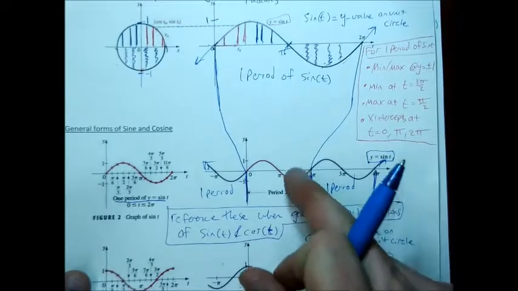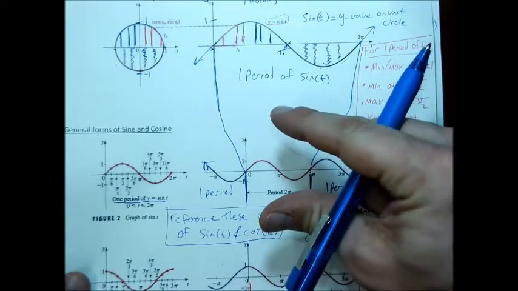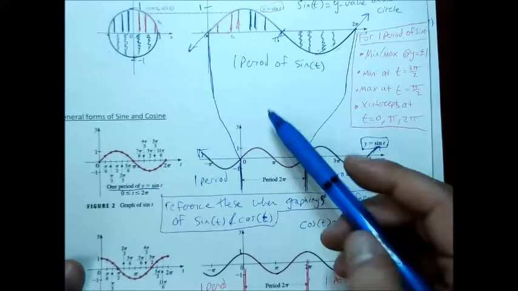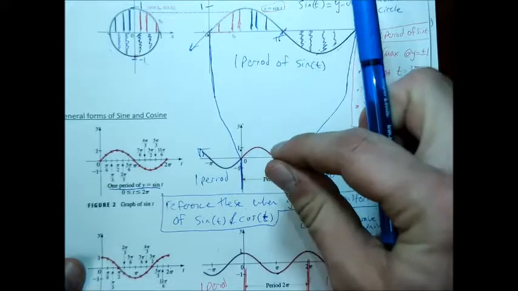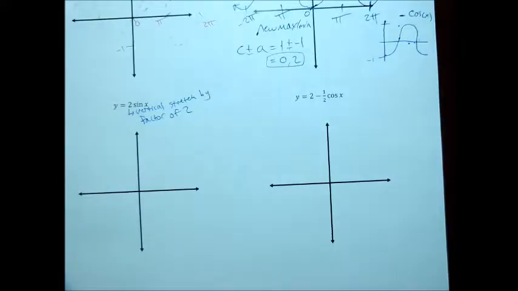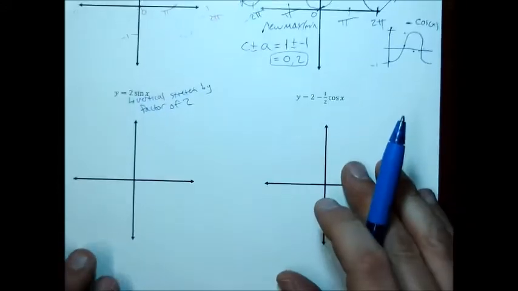And so we're thinking about just taking our normal sine graph and stretching it by 2. We're going to take this normal graph and just stretch it and make it twice as tall in both directions. And so you can see the new max and min is going to be at plus or minus 2 instead, because everything's going to be doubled. And if you weren't sure about that, we can just use this formula, right? The new max and min is going to be at c plus or minus a.